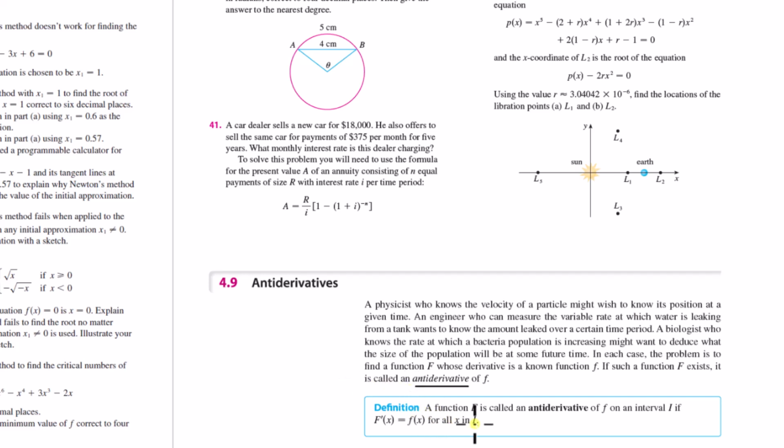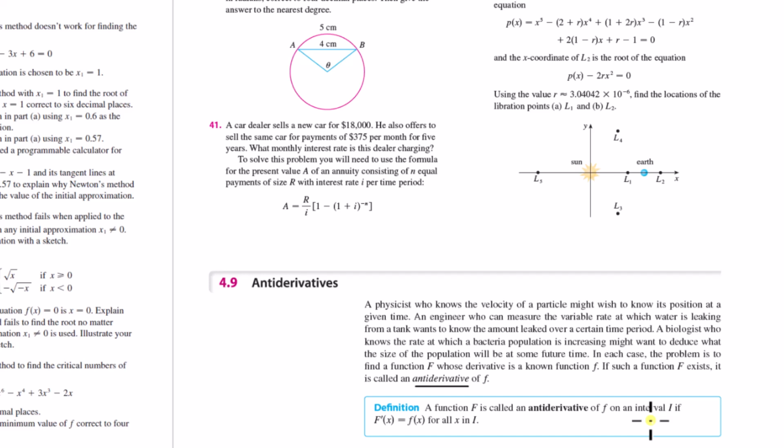Okay, so definition. A function, capital F, is called an antiderivative of lowercase f on an interval I. It can be over a certain interval, depending on the circumstance, right? So you might say it goes from 0 to 500, you can find an antiderivative, but you're ignoring everything else outside of that range.